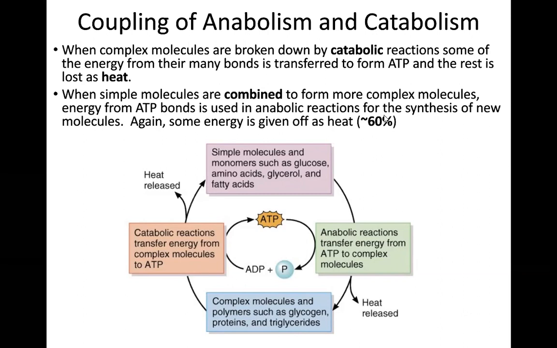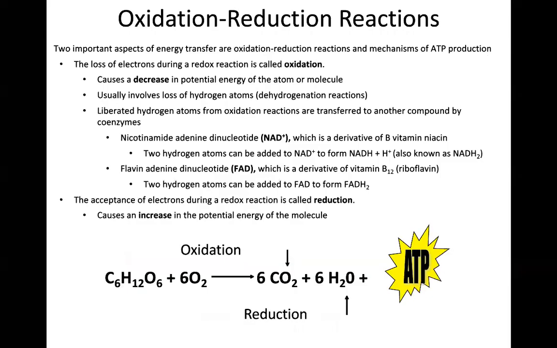So we're only about 40% efficient in the usage of ATP and the making of ATP, which means that we're not very efficient machines. Okay? A lot of our energy is given off as heat, but that's okay. We get enough energy in the ATP that we do form.